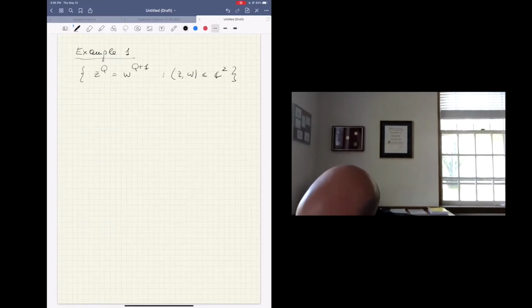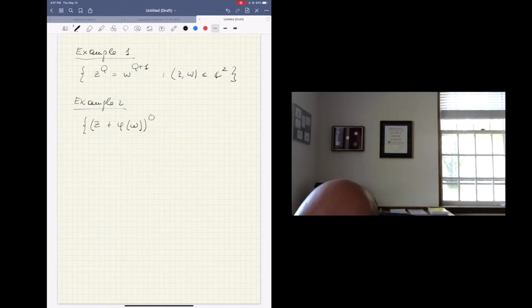But there's another example, which is just a small variation of this. The way I want to write it is something like this: z plus some holomorphic function phi of omega.